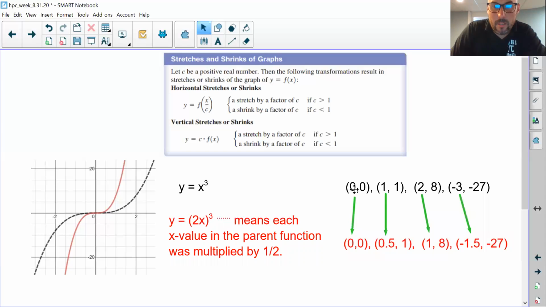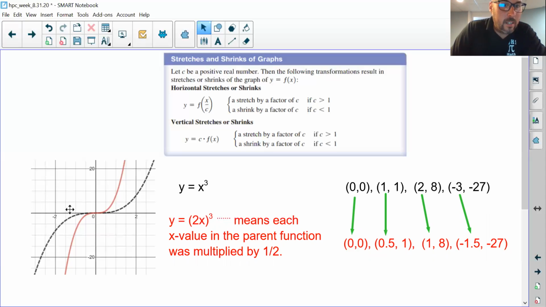So 0 divided by 2 remains 0. That's why the red also goes through the origin. 1, 1 becomes a 1/2, 1. So you only need to go over a 1/2 and go up 1. 2, 8 becomes 1, 8, so you don't have to go that far to get up to 8. Originally, we had to go 2 over to get to 8. Now I just need to go 1 over to get to 8. And -3, -27, you don't need to go all the way over to -3.